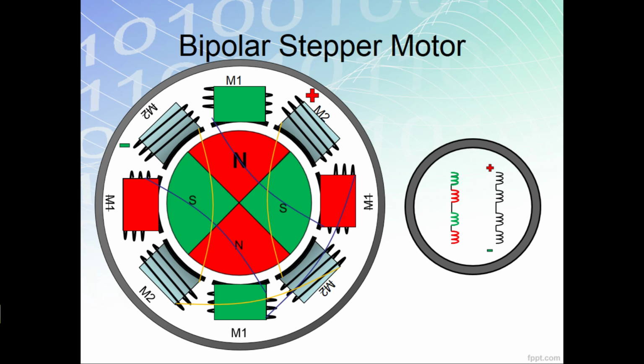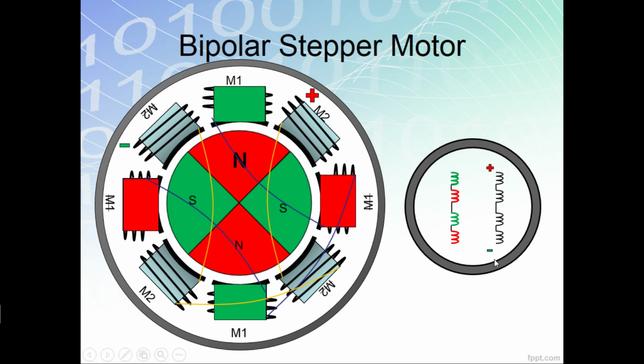So after it is fully attracted, we can now energize phase 2 by placing a positive terminal at the top and placing a negative terminal below.